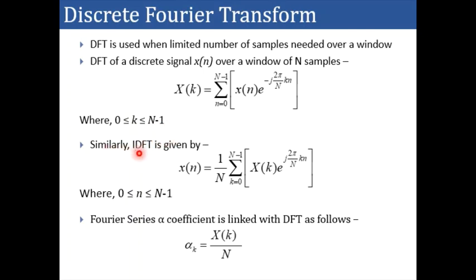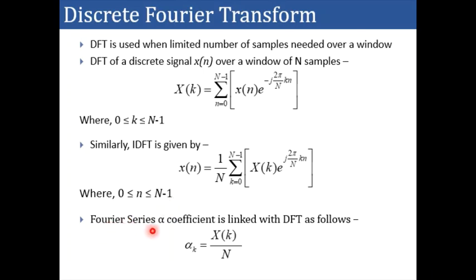Similarly, the IDFT, that is inverse discrete Fourier transform, can be defined as x(n) equal to 1 upon N times the summation over k equal to 0 to N minus 1 of X(k) e to the power j 2 pi by capital N k n, where n now ranges between 0 and capital N minus 1.